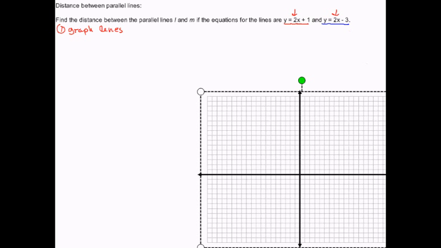So for my red line, my y-intercept is positive 1, and my slope is 2, so that's the same as 2 over 1, so I go up 2 over 1. And since I don't have a ruler, I'm just going to draw a lot of dots to keep this in good proportion all the way through. Gives me some guidelines to follow.